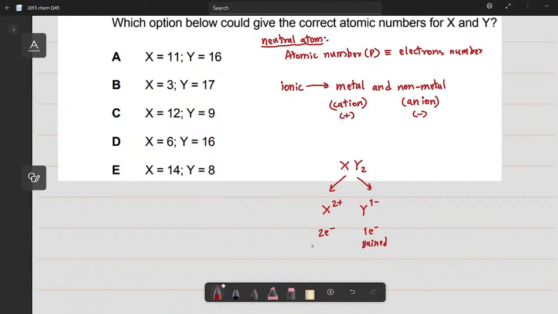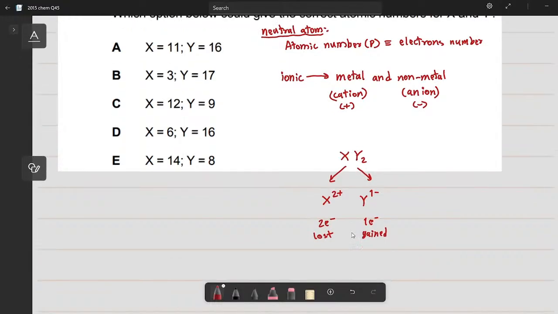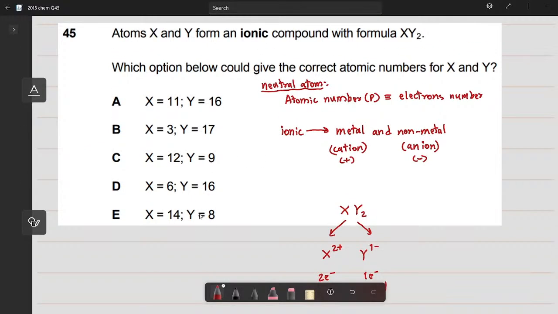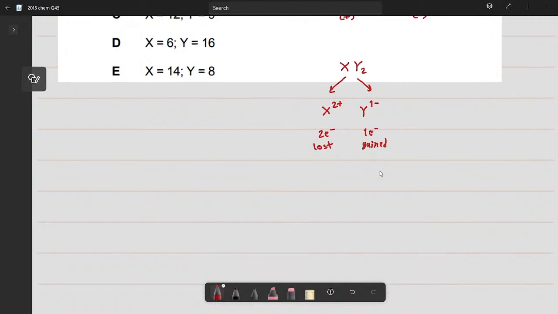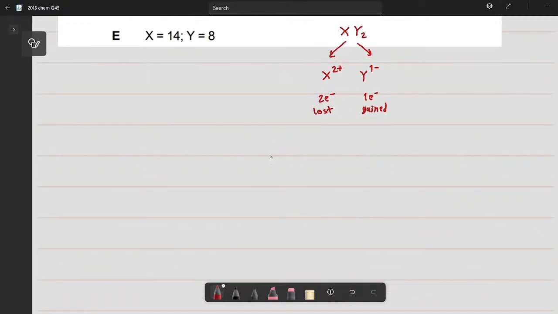So gained and lost. This means if we were to construct the very simplified electronic configuration, for example, the innermost shell of X must have 2 electrons. Here it might have 8, 8 and so on, but the outermost must be 2 electrons.